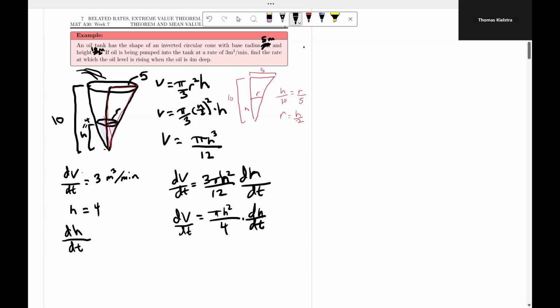And now dh by dt equals 4 over pi h squared times dv by dt.